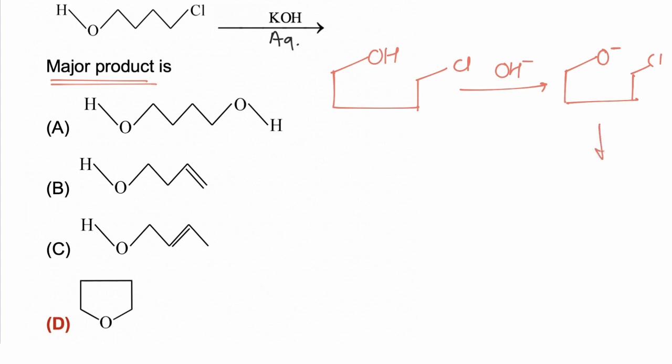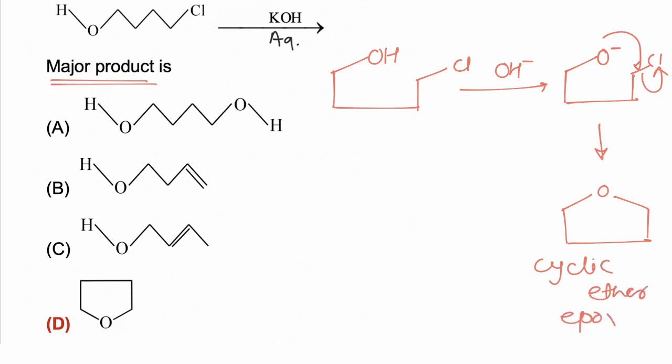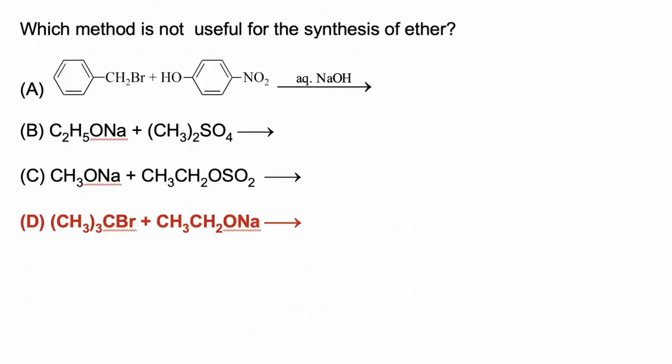Now this alkoxide ion will act as nucleophile, Cl negative is removed, and due to intramolecular reaction, cyclic ether or epoxide is formed as a product, and hence the correct answer is D.